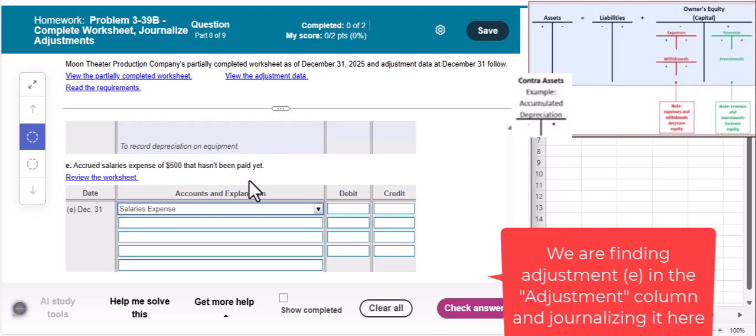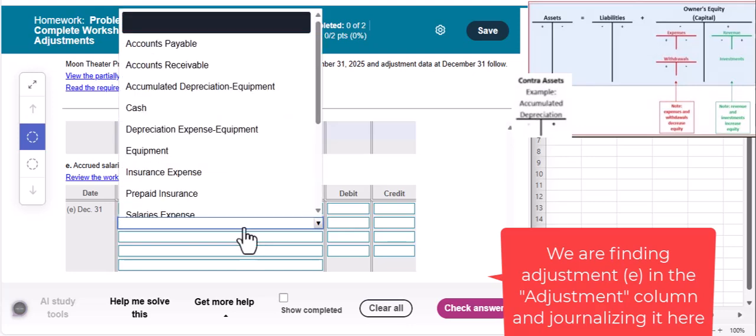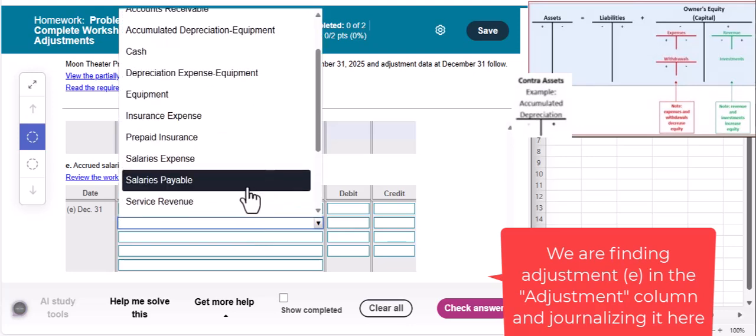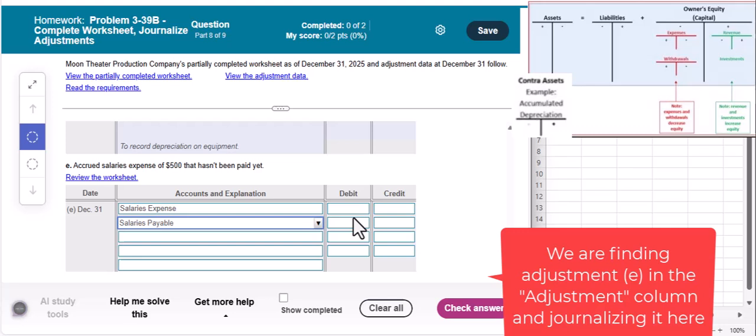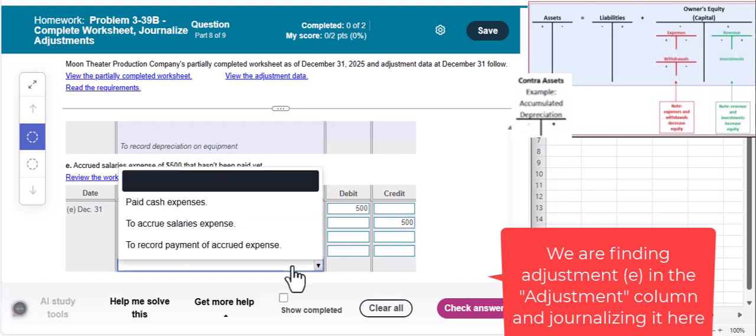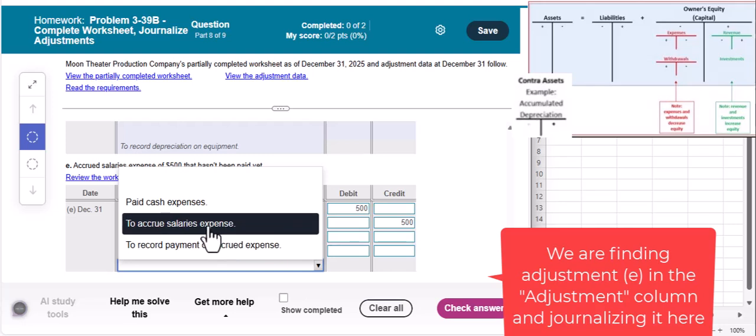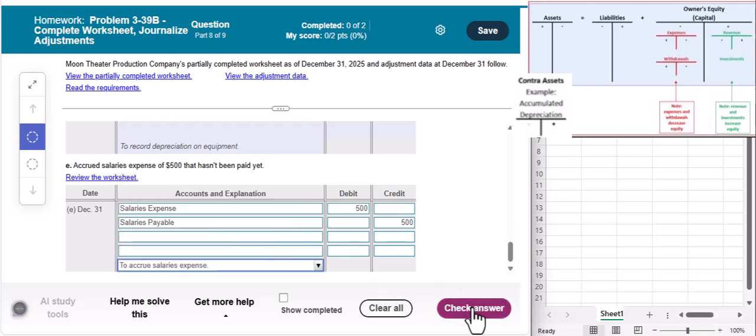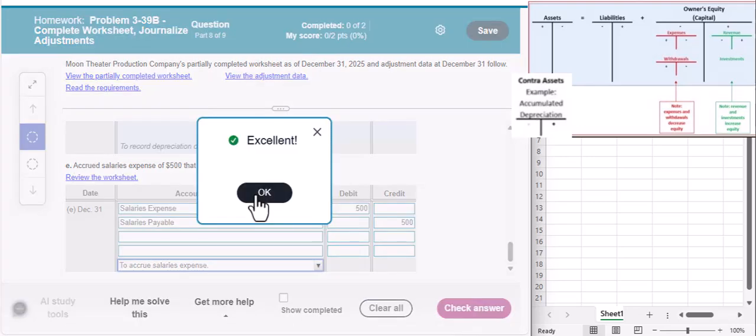So we have salaries payable that we are going to use here as the credit. So that is 500 for the debit, 500 for the credit, and our explanation is to accrue salaries expense since we are not paying it yet. Let's go ahead and check our answer. Excellent.